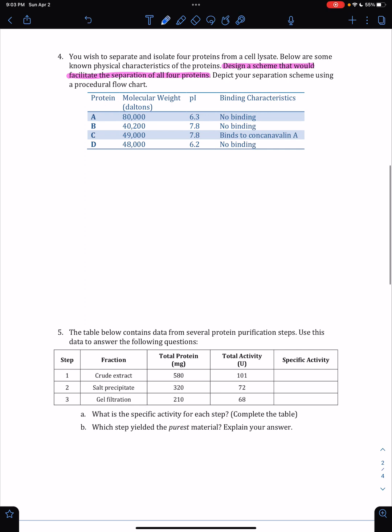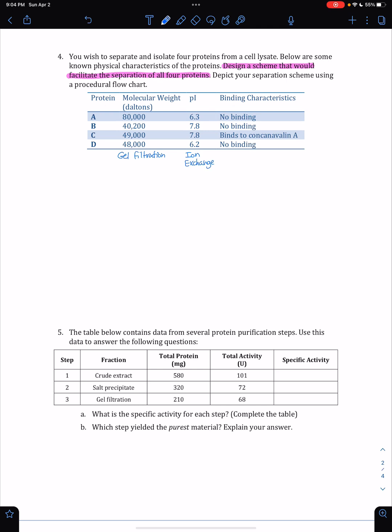So for molecular weight, let's do this. I'll write it below the column. For molecular weight, things that separate by molecular weight, gel filtration would be a good thing to use. Isoelectric point, we could say ion exchange.